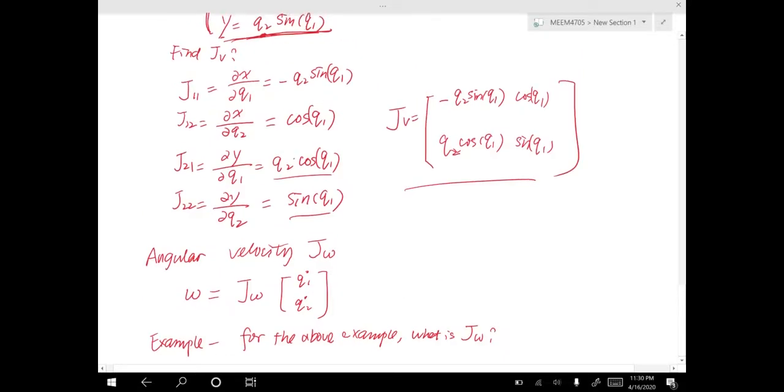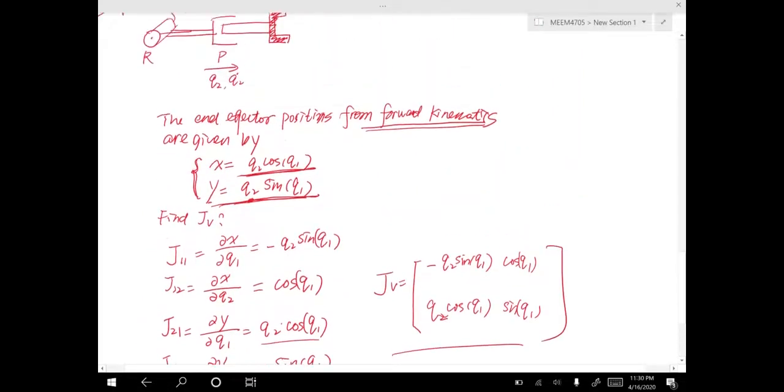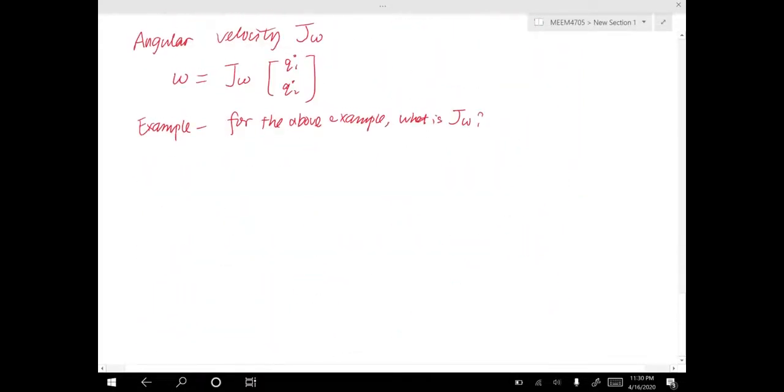If we take a look at this question, q1 is a revolute joint and q2 is a prismatic joint, so for q2 there is no angular velocity.